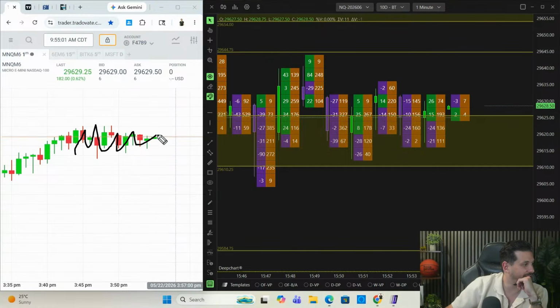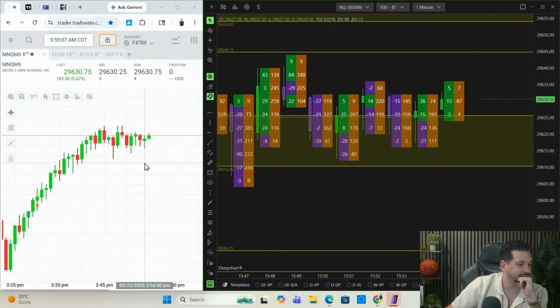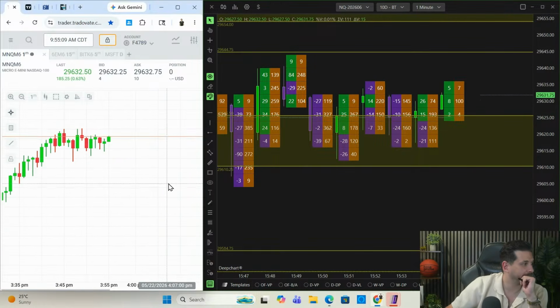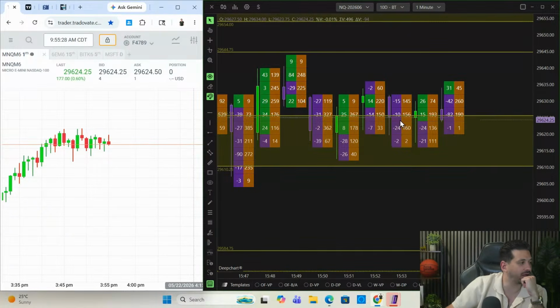Pure barcode. Come on, do something. Anything. I don't care if you go up or down. Just anything but this. This is the worst to sit through because it's just boring as hell. Whether you buy or sell, either way, you're kind of screwed in this kind of market, you know.